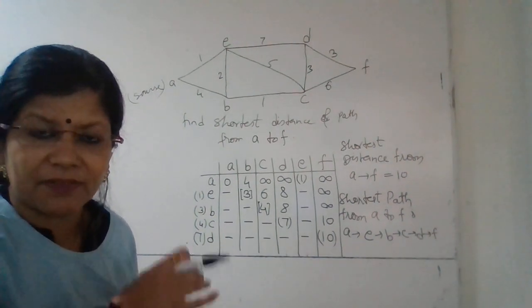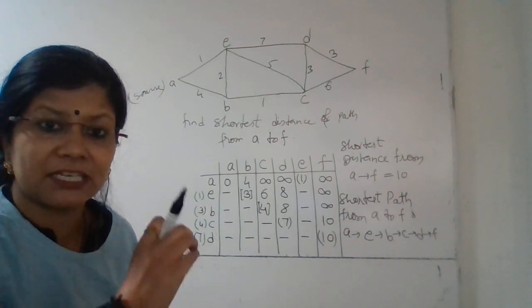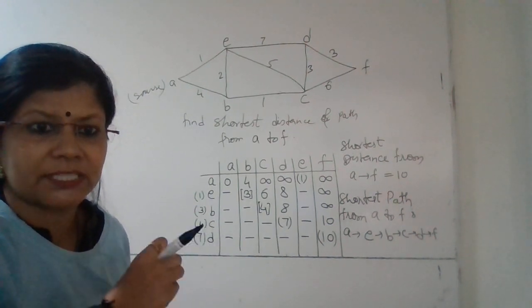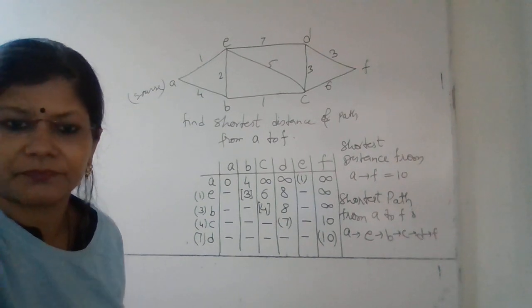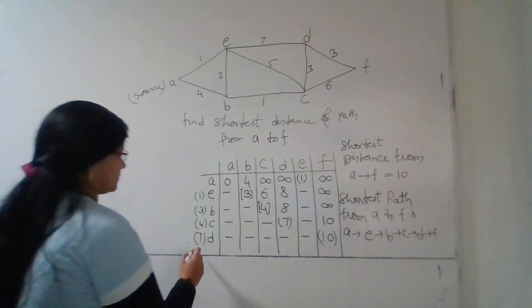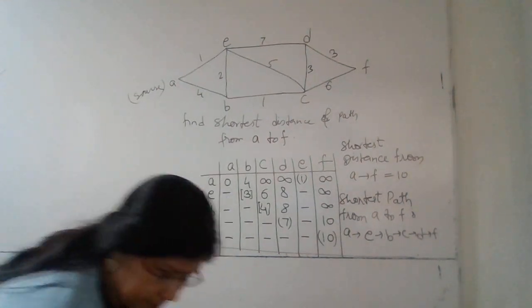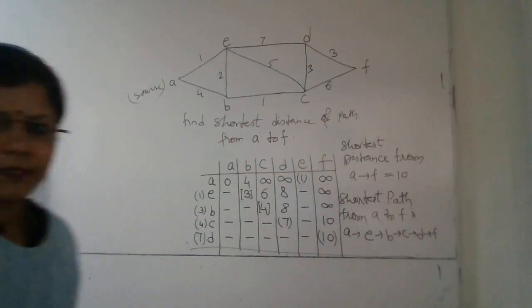The total of this value is equal to 10. This is the shortest distance from A to F, and the shortest path is this. Clear that?